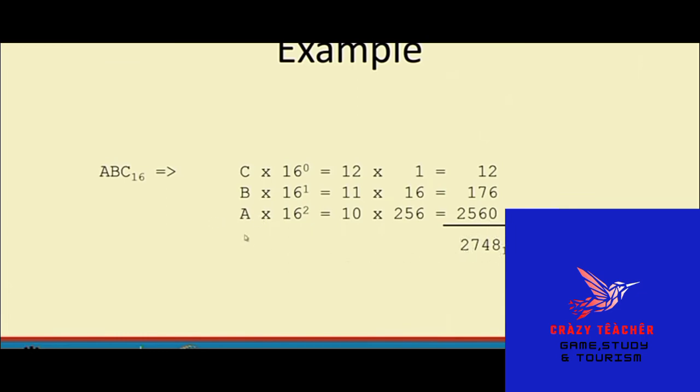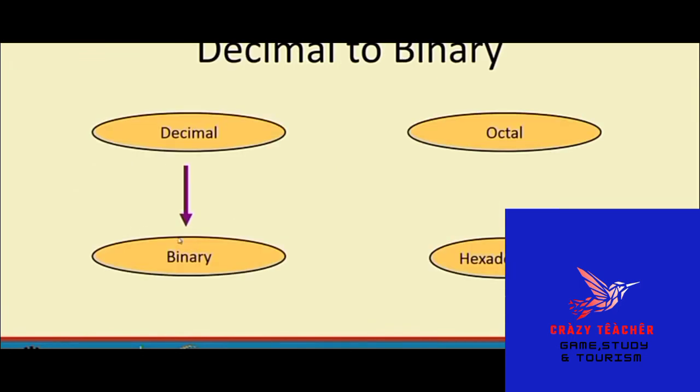This is the corresponding decimal value for ABC to the base 16 in the hexadecimal system. So if you want to go to decimal, you can multiply by the weight of the base in this fashion.